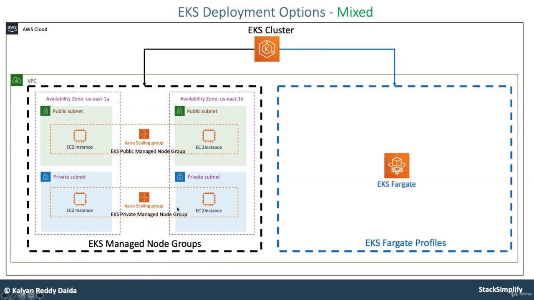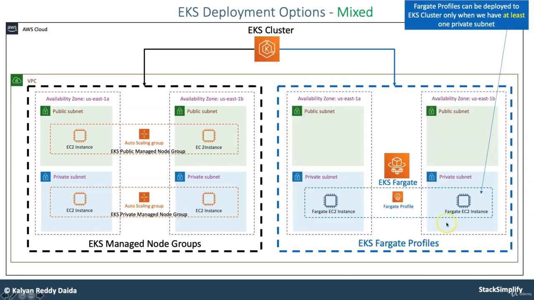But when coming to the Fargate case, we can only create Fargate profiles in private subnets. So Fargate profiles can be deployed to EKS clusters only, at least in our EKS cluster, in the private subnet. These cannot be deployed to the public subnets. That is a very important point which we should be aware of.